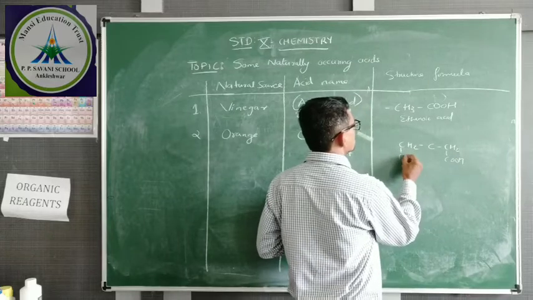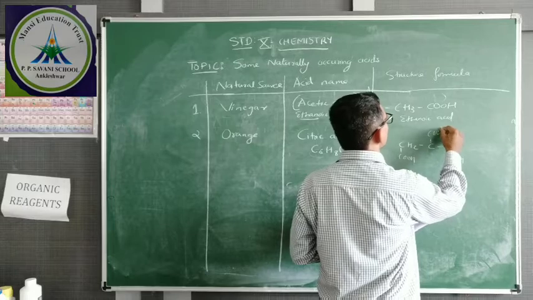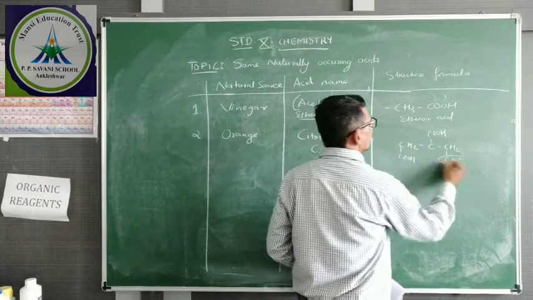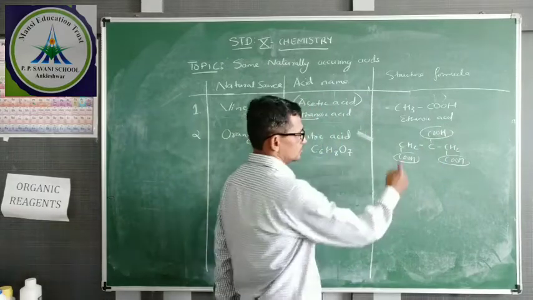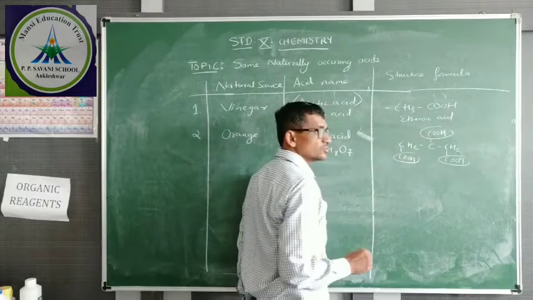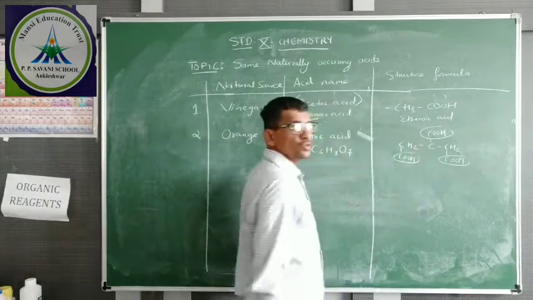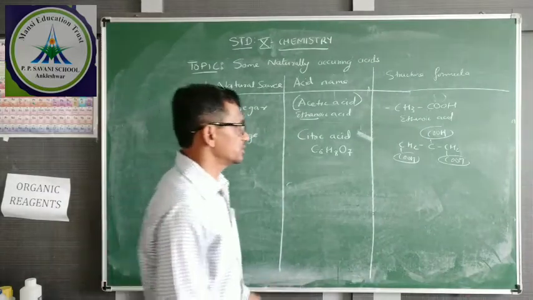This is a COOH group, here also COOH. You can see carbons 1, 2, 3. In all of these carbons a COOH group is there. So with 3 carbons, 1, 2, 3, it is trioic acid, so tricarboxylic acid.